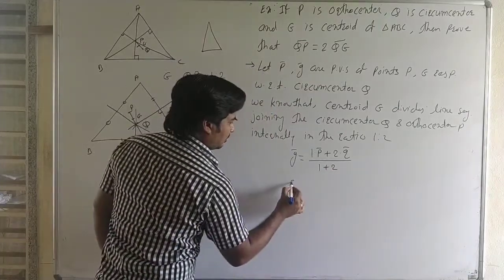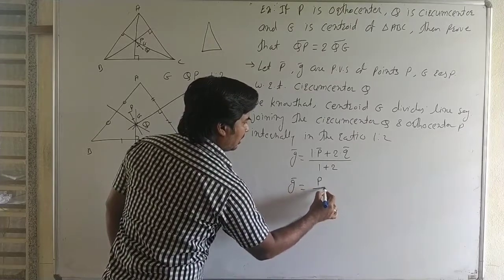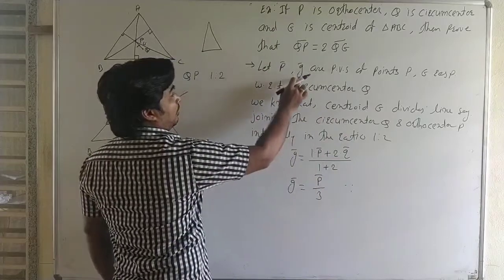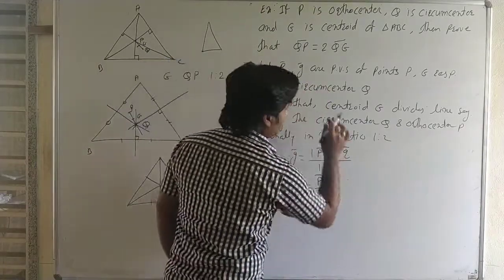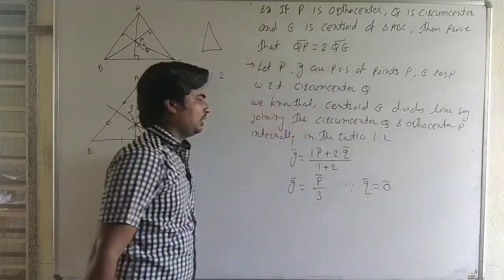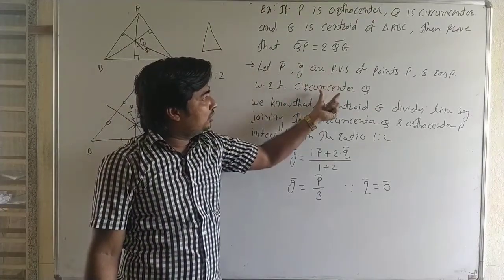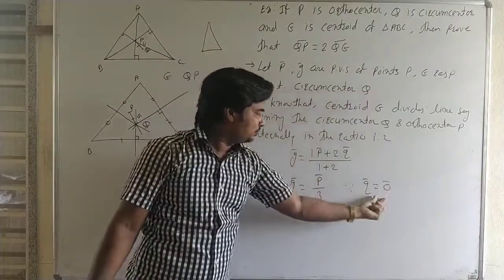Therefore G bar is equal to P bar upon 3, as P bar and G bar are the position vectors with respect to the circumcenter. Since it is the circumcenter, Q bar is 0 bar.